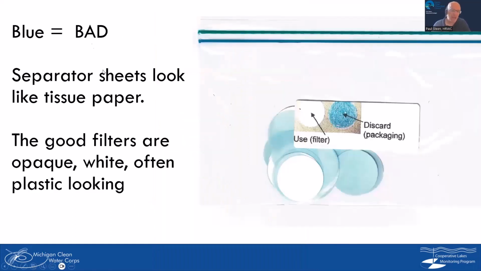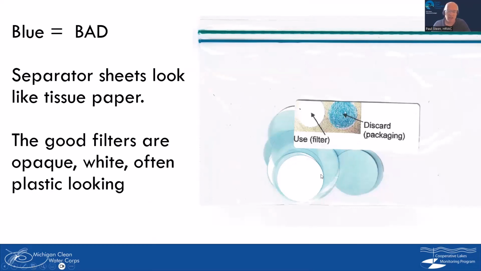Okay, going back, the other issue that can come up is when you use your filters, and this will be referenced over and over again in this presentation. You will be given this baggie of filters, and you'll have all these circles in there, and there's white ones which are opaque, and they look almost like a plasticky material.